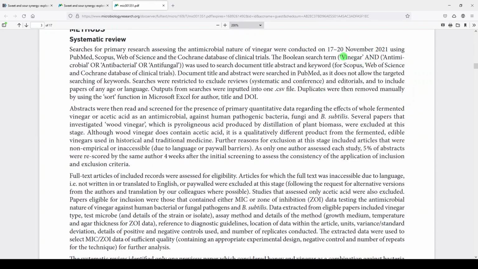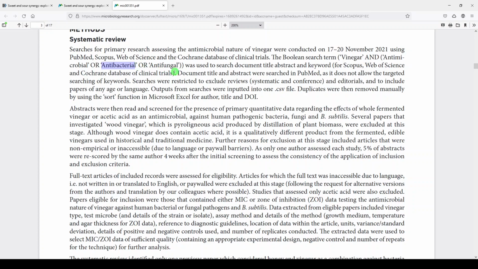If you look in the MeSH database for vinegar, it maps to acetic acid. That's a term they didn't use. If you look at antibacterial, it maps to antibiotic and bactericide, terms they didn't use. And if you notice in the title, they specifically mentioned antibiofilm. Well, there's no medical subject heading term for antibiofilm, but there is a medical subject heading for biofilm.